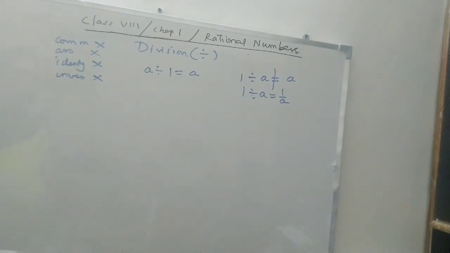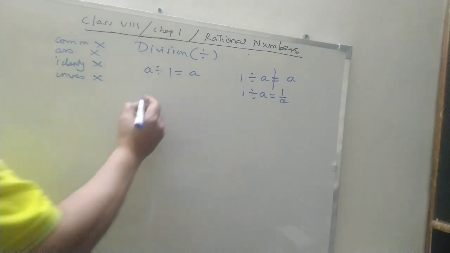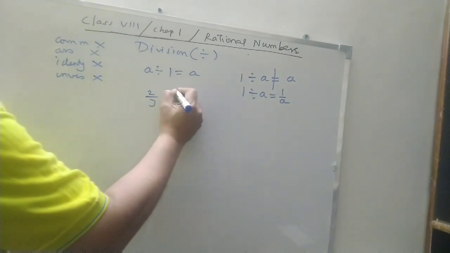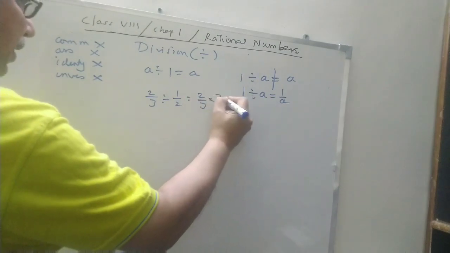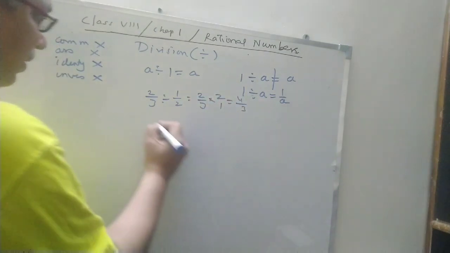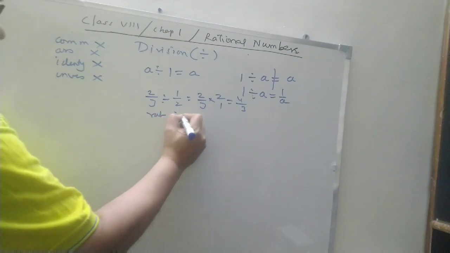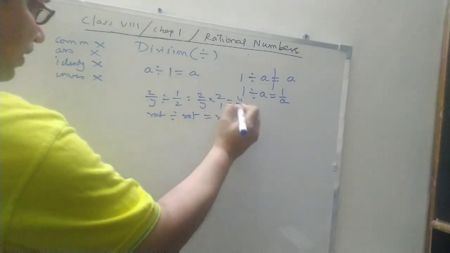Now, is it always closed? That means a rational number divided by a rational number will always be a rational number. Maybe. Suppose I have 2 by 3 divided by say 1 by 2. So 2 by 3 into 2 by 1, 4 by 3. So here we are getting rational divided by rational is equal to rational.